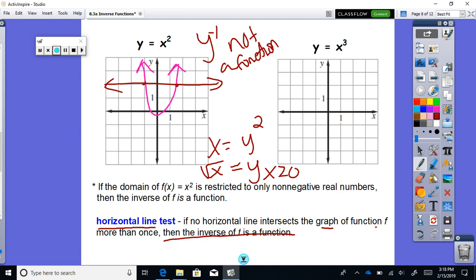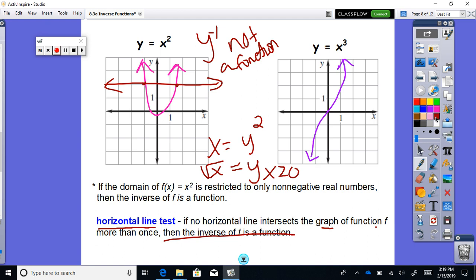Then it would be a function because we would only have part of the graph. So it's not a function as is. It doesn't pass the horizontal line test. But if we restricted the domain and said, okay, only take 0 and higher, now it's a function again. X cubed, though, that one, remember, looks like this.